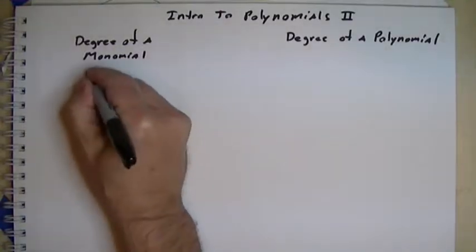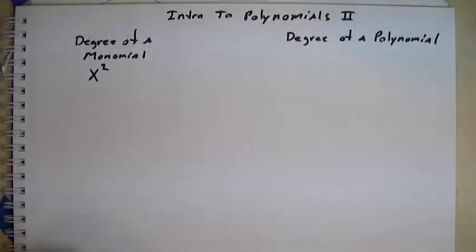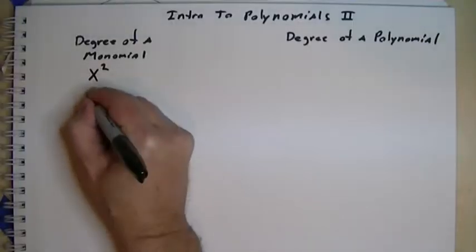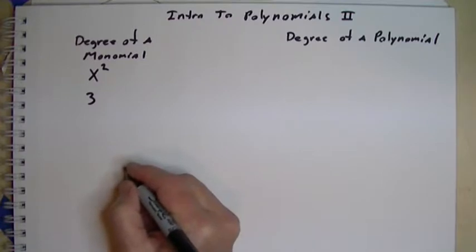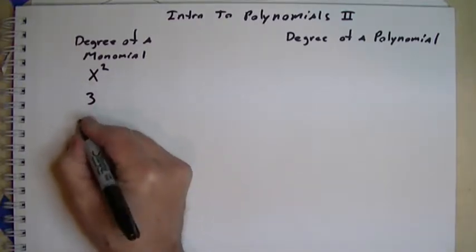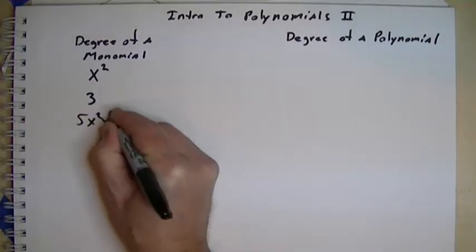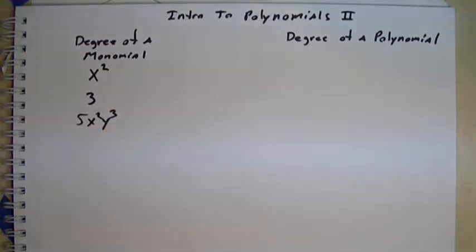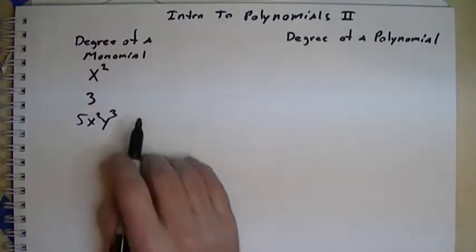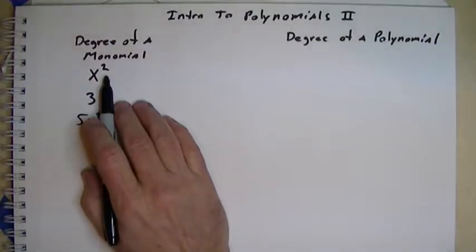Monomials can be fairly simple. Could be simply x squared. Could just be a number. Or it could be a string of several variables, say 5 x squared y cubed. So what do we mean by degree? Well, we're talking about the power of the exponent.